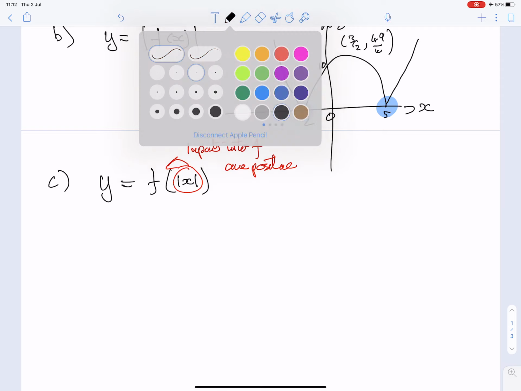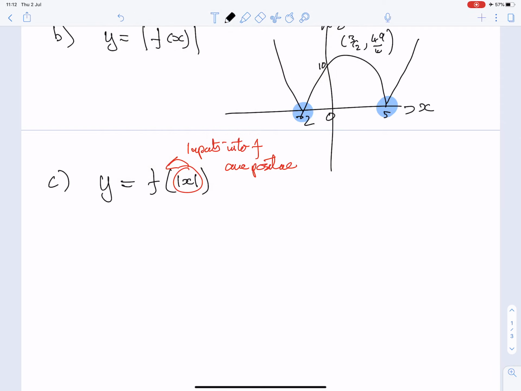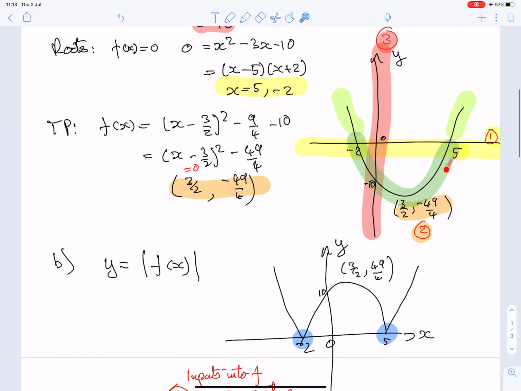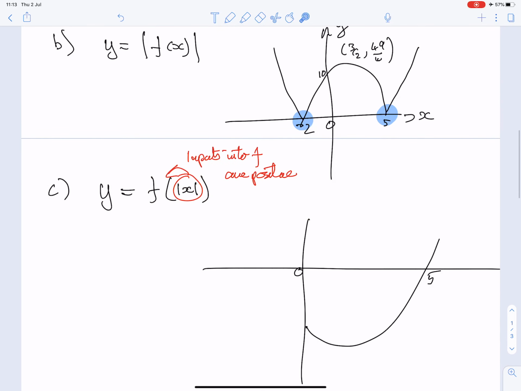So anything where the inputs were positive is unchanged. So we've still got that. That was at 5, and that piece of graph here is coming straight from here. It's not changed because the x values were positive. So this point down here must still be negative 10. This point here is (3/2, negative 49/4).